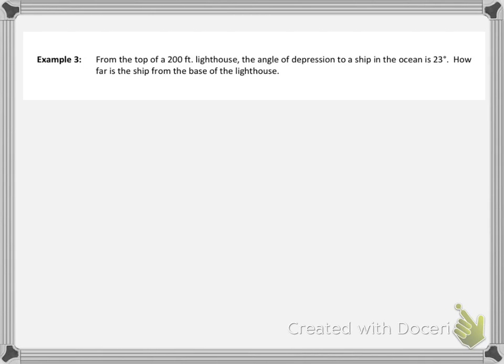Let me do this. I'm going to make our lighthouse like a dark purple. So here's a lighthouse right here. And let's label it lighthouse. And this lighthouse is sitting on the coast of the ocean.